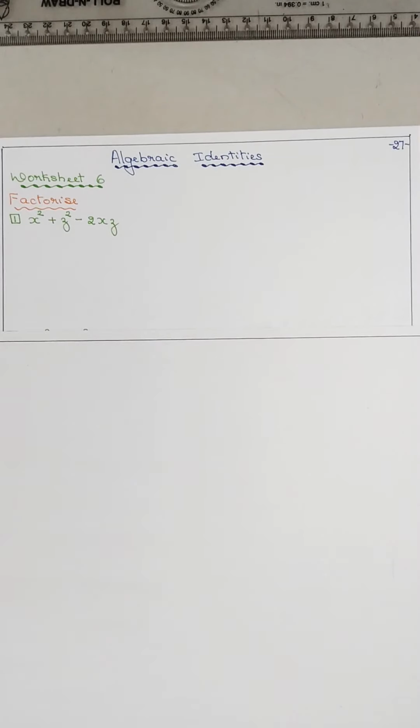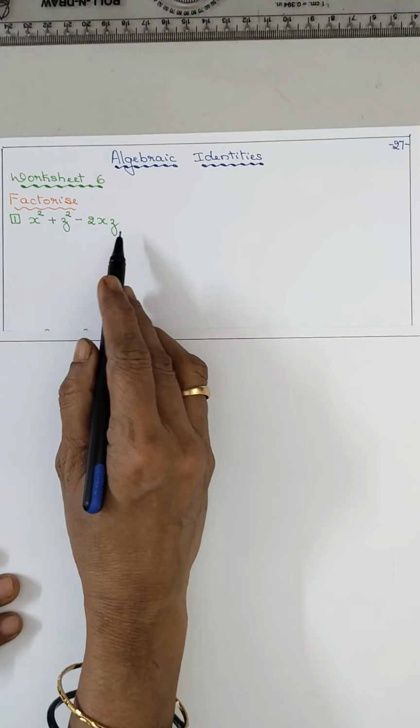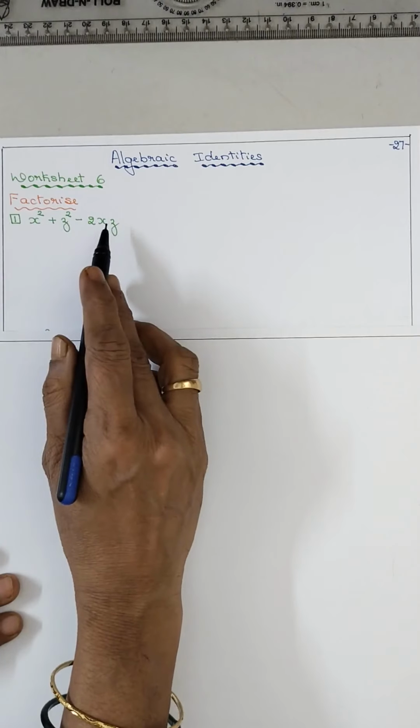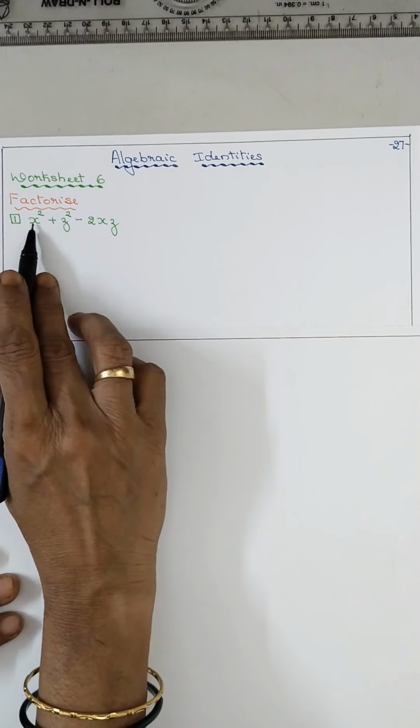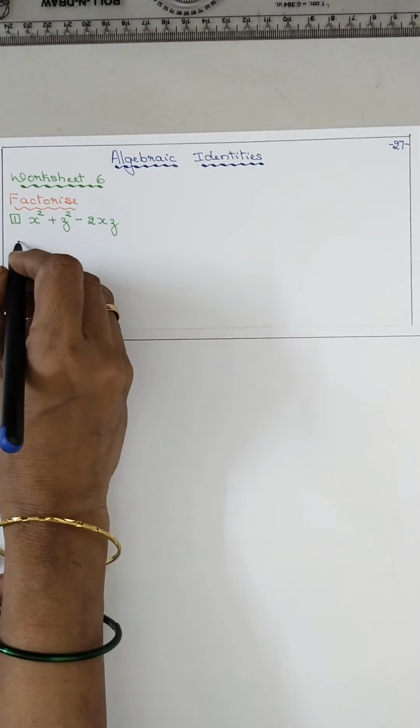Now coming to worksheet 6, that is factorization. Factorize x squared plus z squared minus 2xz. But the format is not correct. Always the squares should be at the extreme ends. So rearrange.